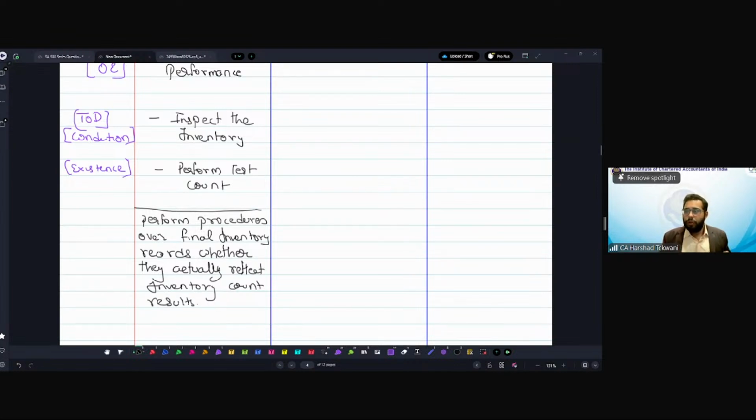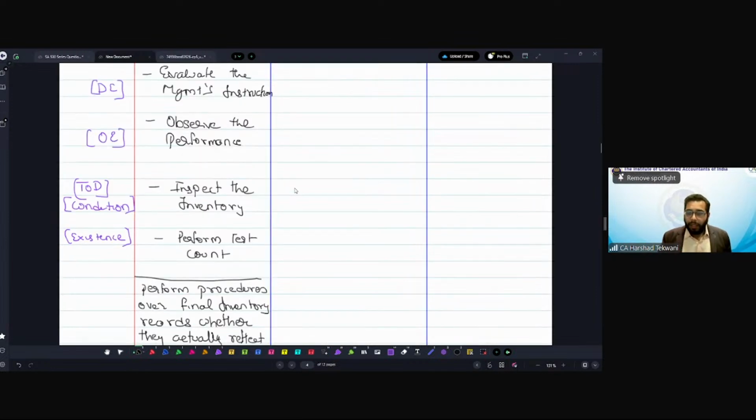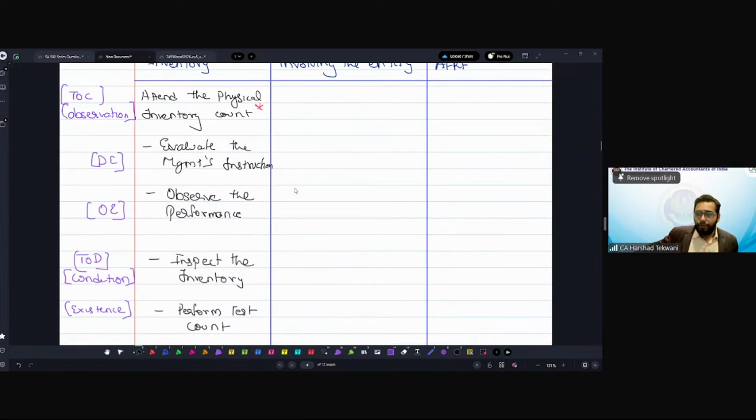Sometimes in the inventory count, one is a count that you perform of a quantitative nature. For example, there should be 10 units of this goods, and 10 units are there on the floor. That's a quantitative nature. Sometimes we have to perform the count on the qualitative nature.